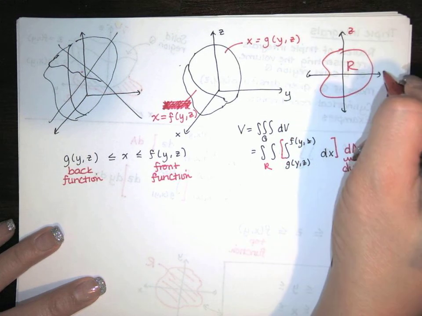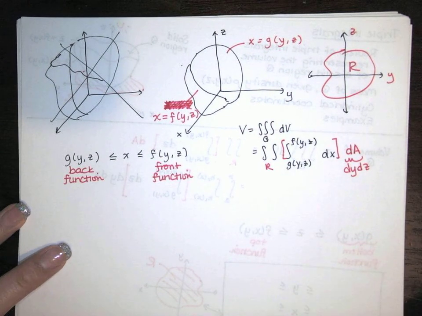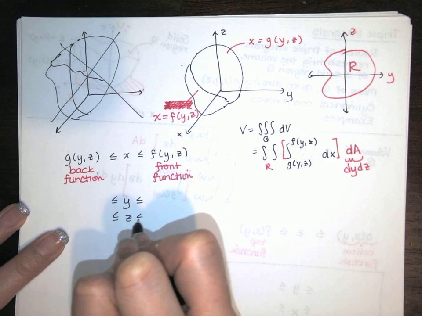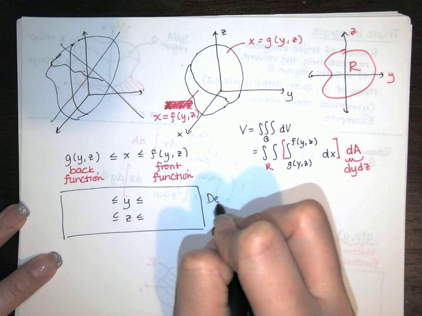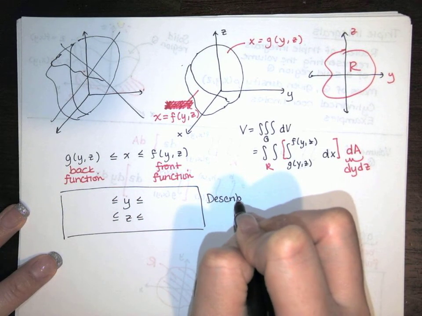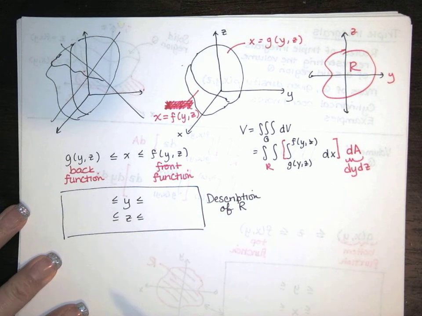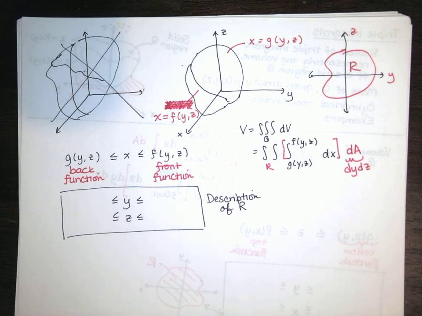But here's z, here's y. You project onto the yz plane, and then those form the bounds for y and z. And of course, y can go from a function of z to a function of z, and z can go from a constant to a constant, or the other way around.